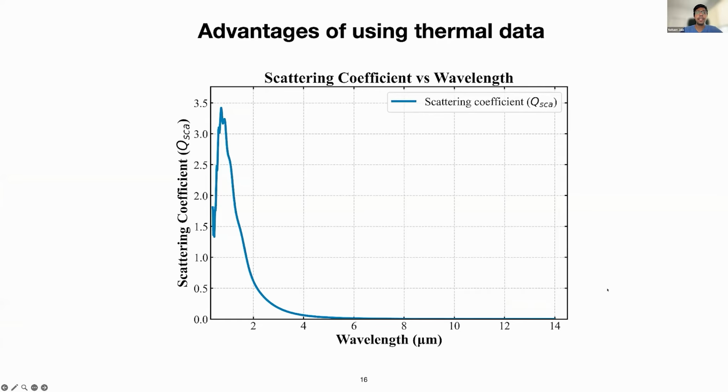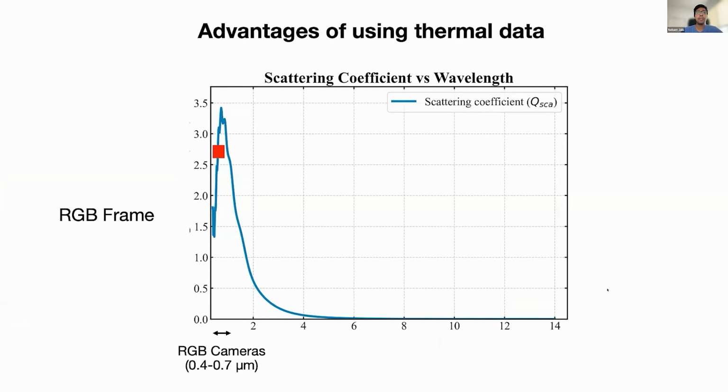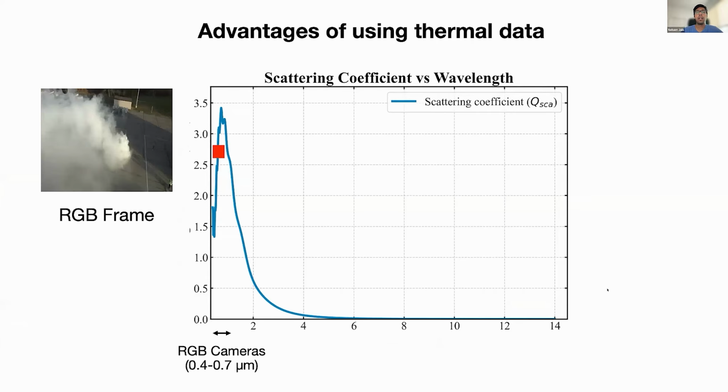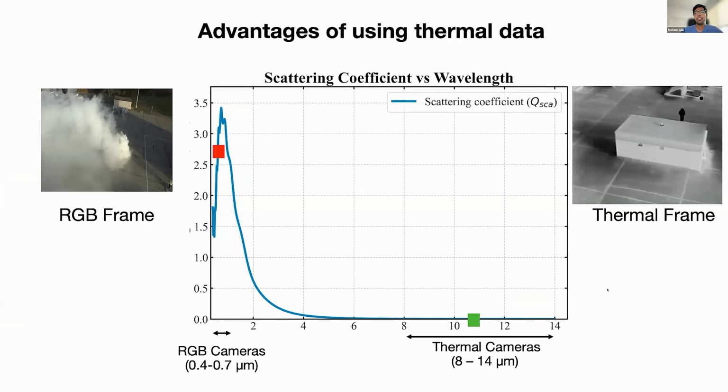Mie theory provides a theoretical framework to quantify the scattering of the smoke particles as a function of wavelength. RGB cameras operate at a wavelength of 400 to 700 nanometers, which is 0.4 to 0.7 micrometers, and thermal cameras operate at a wavelength of 8 to 14 micrometers.